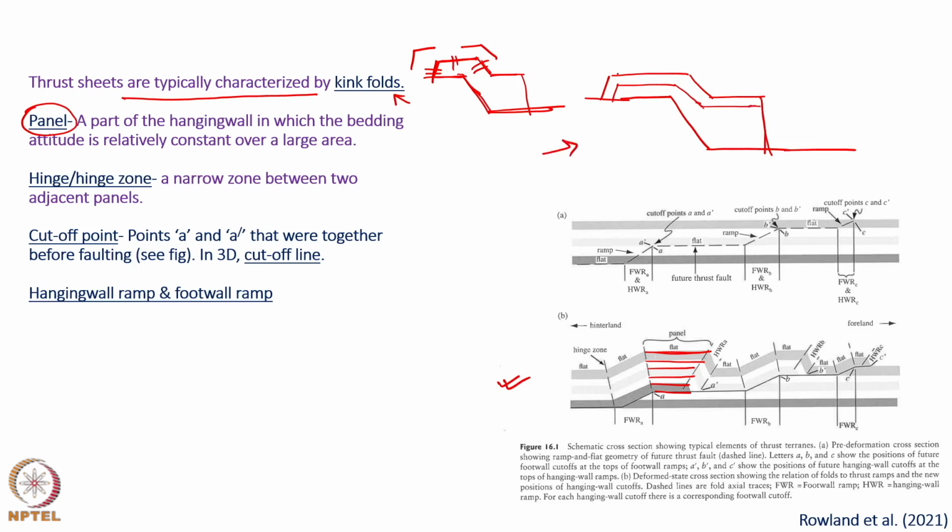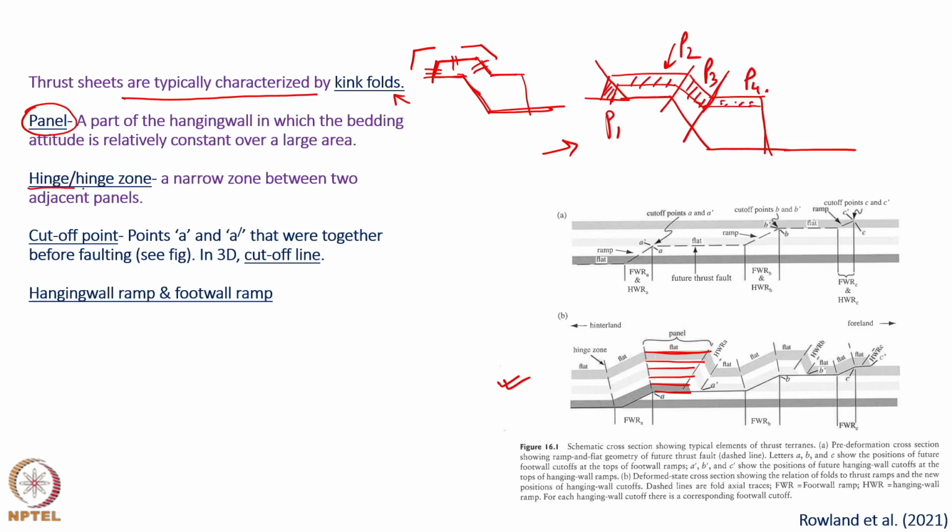In this diagram, we can call this a panel, this another panel, this another panel, and here is the fourth panel P4.